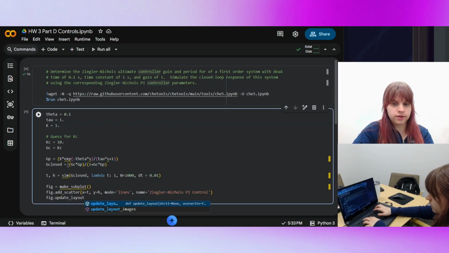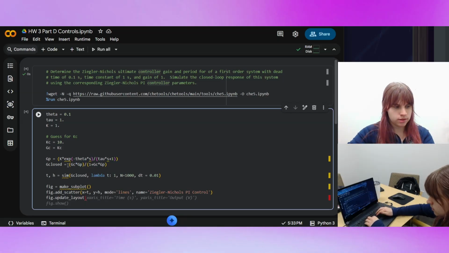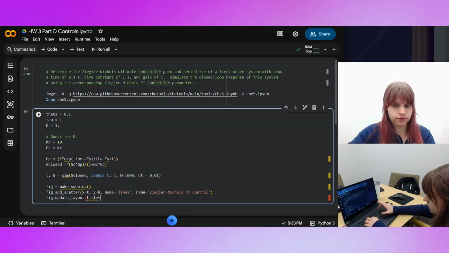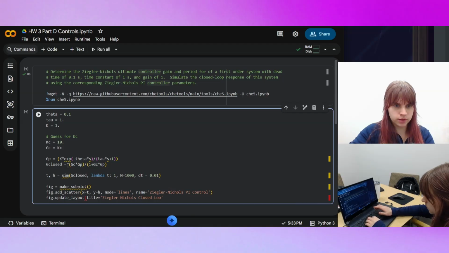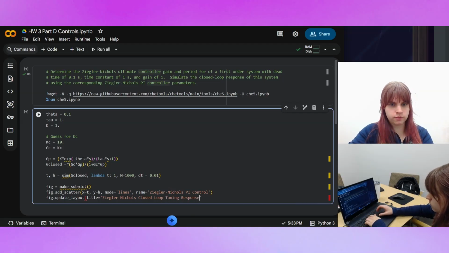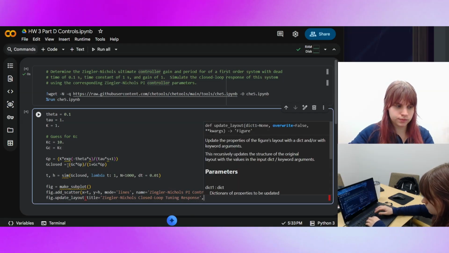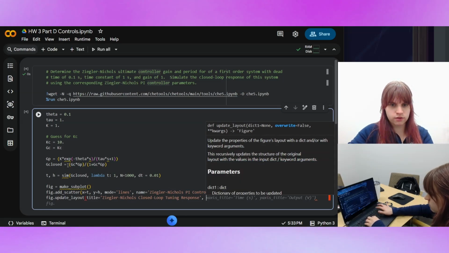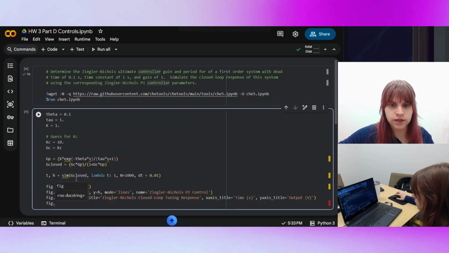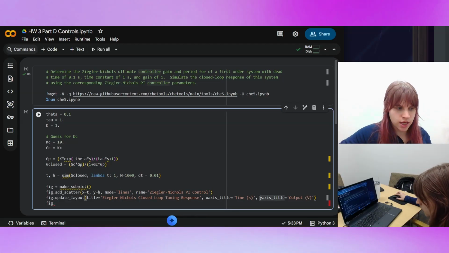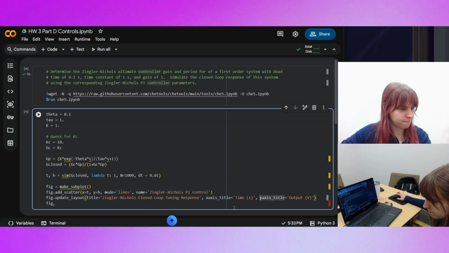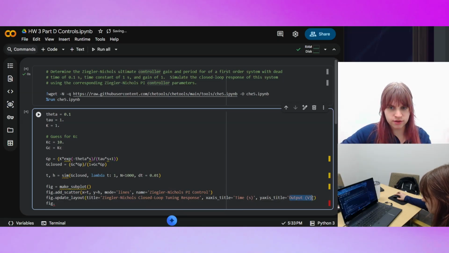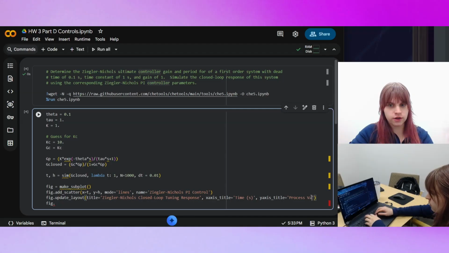I want to update the layout. We'll title this Ziegler-Nichols closed loop tuning response. The x-axis title is time, so that's correct. Our y-axis title, I'm just going to say, is the process variable.